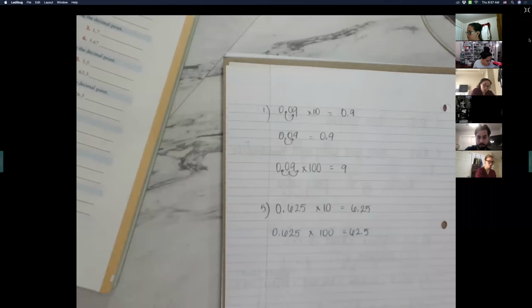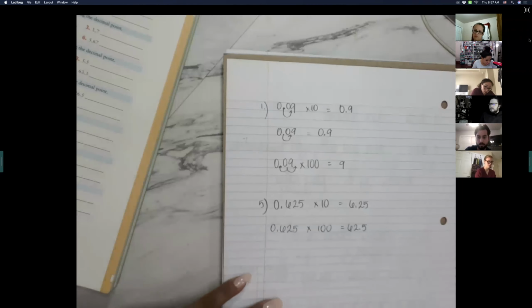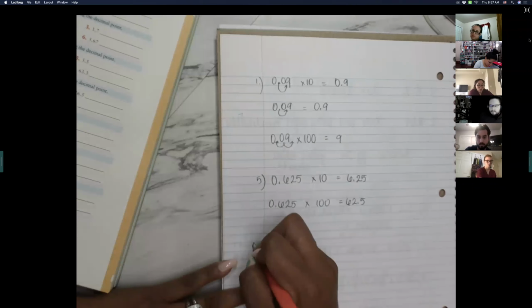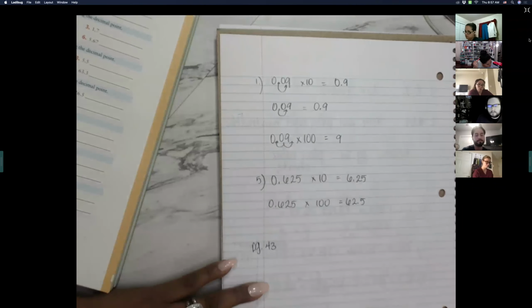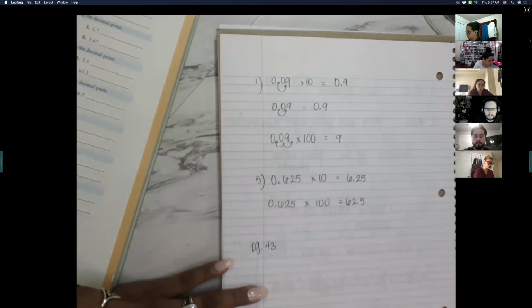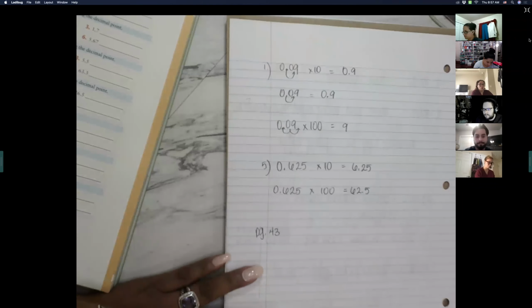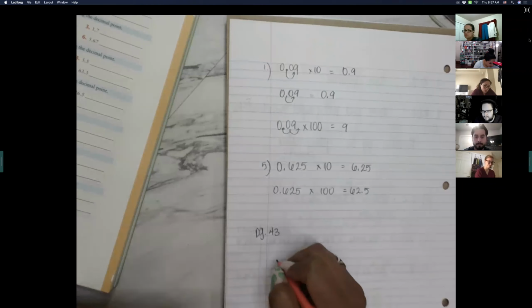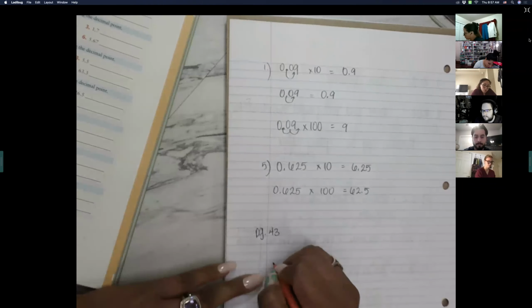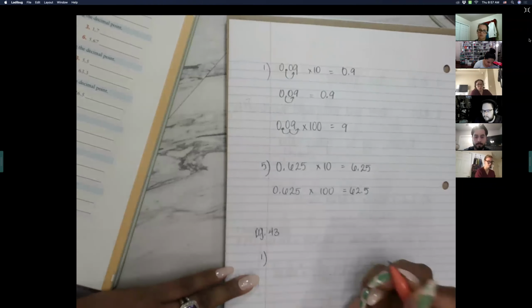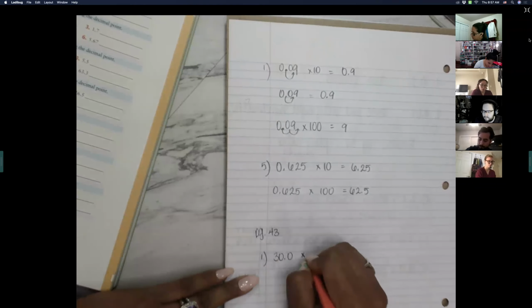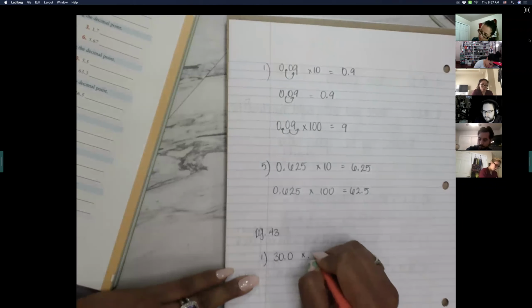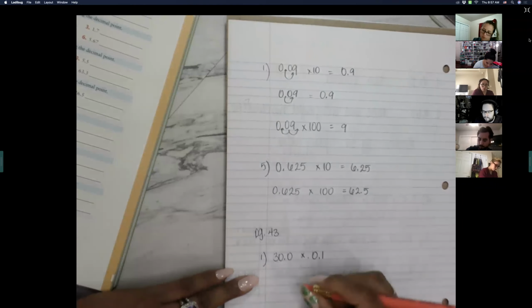Okay, so we're still in chapter 2. This is page 43. Okay, so we're gonna take question 1. It's 30 times 0.1.